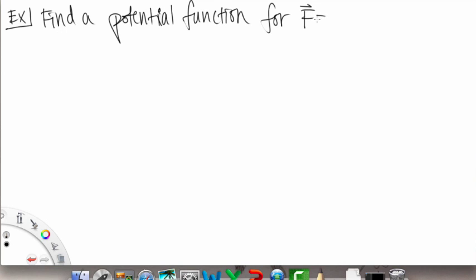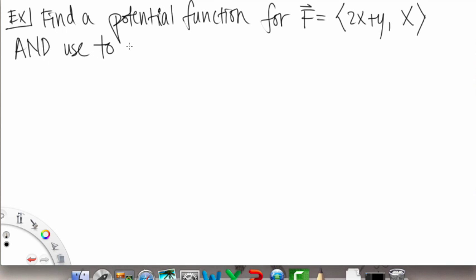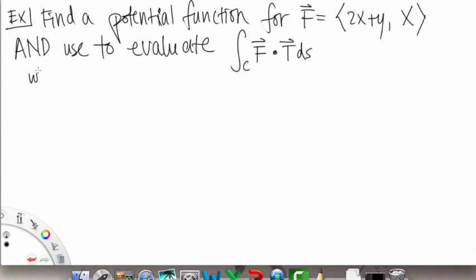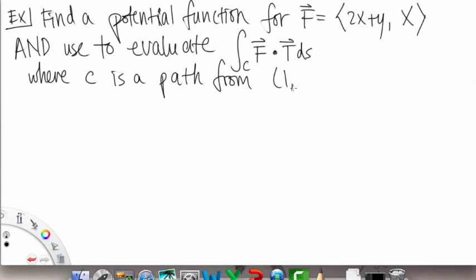For F, the vector field described by 2x plus y and then x. And it's a two-parter: use it to evaluate the vector line integral of this, where C is a path from (1, 2) to (5, 7).